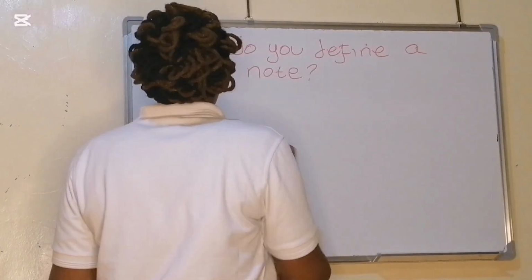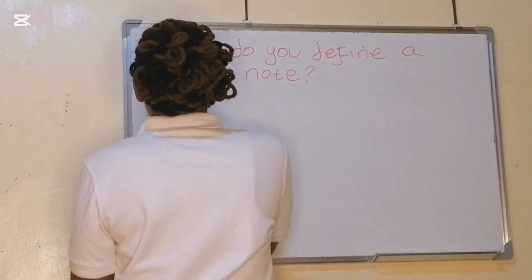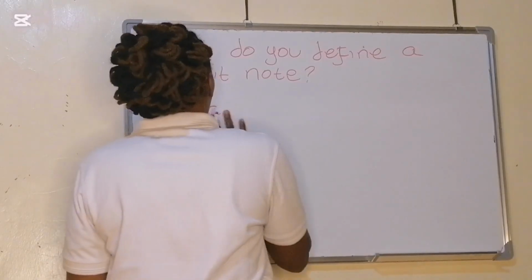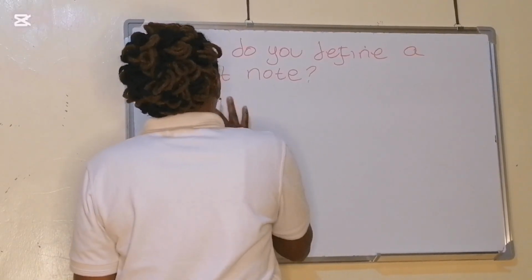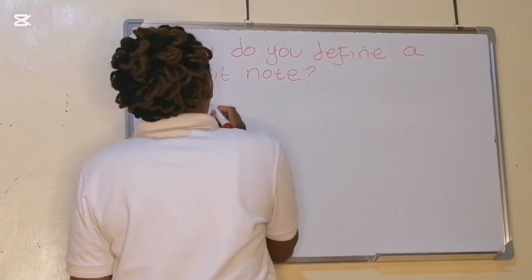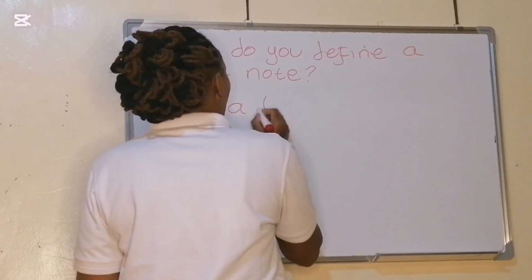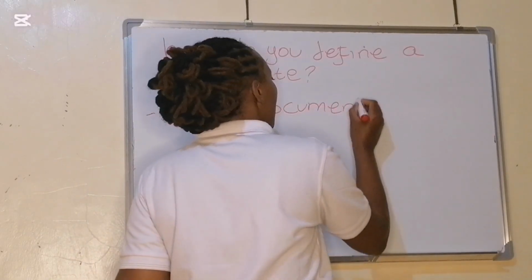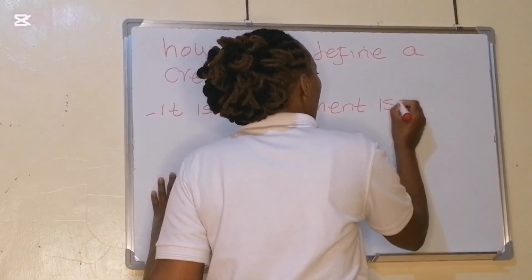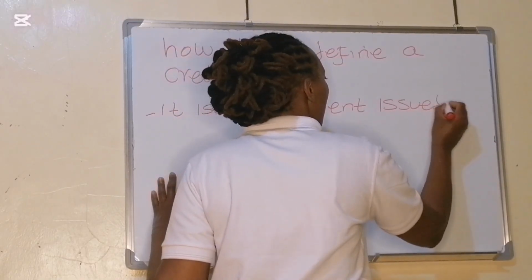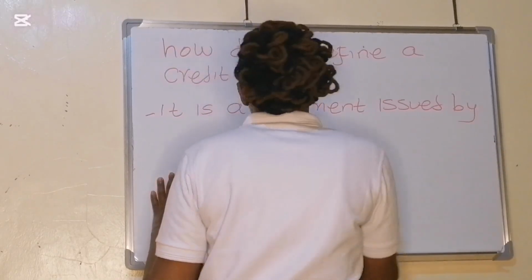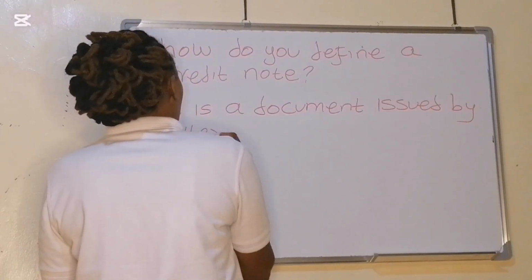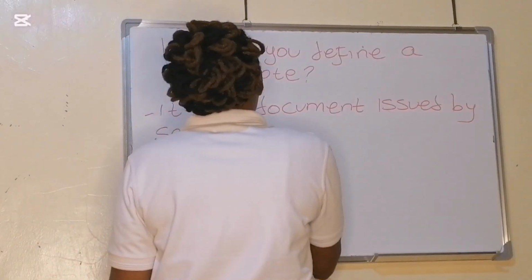A credit note is a document. It is a document issued. Issued by who? By the seller, who is the business owner. The seller to the buyer.